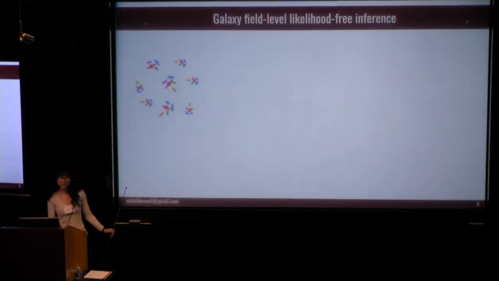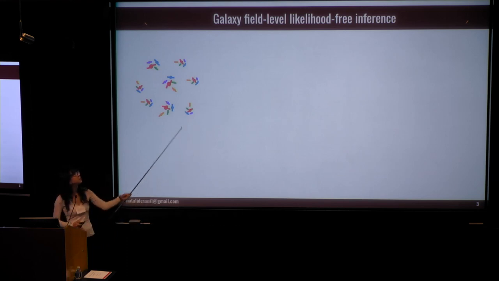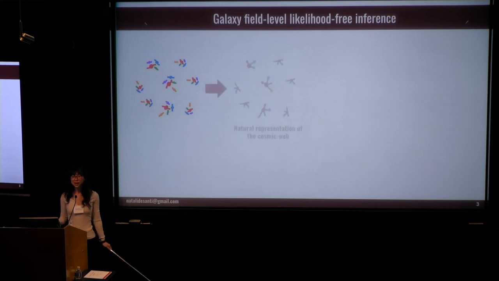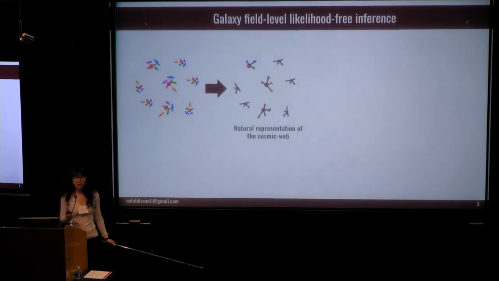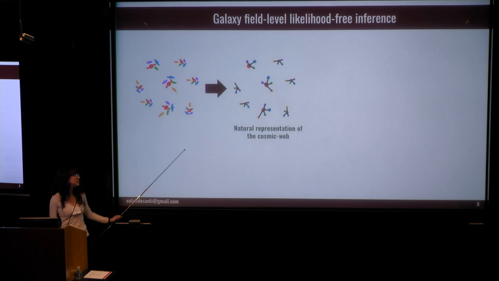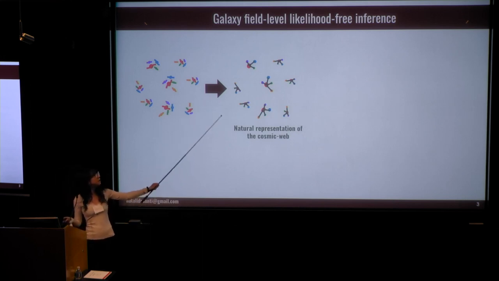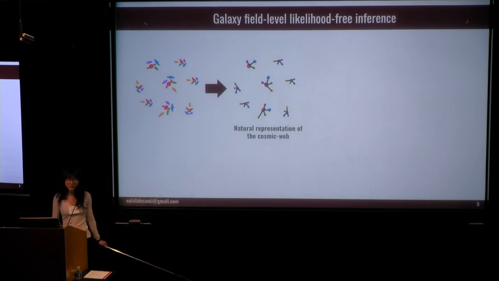So what we're trying to do here is propose how to do galaxy field-level likelihood for inference. How can we extract all the information from a bunch of galaxies? The way that we are doing this is that we are translating all this information into something that we call graphs, which is a mathematical structure that can be a natural representation of the cosmic web, because you're tracing out the structure of these galaxies.